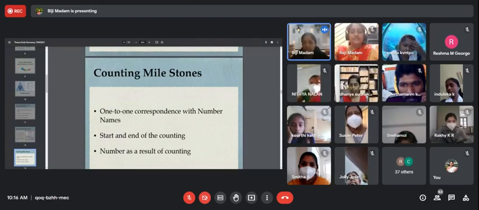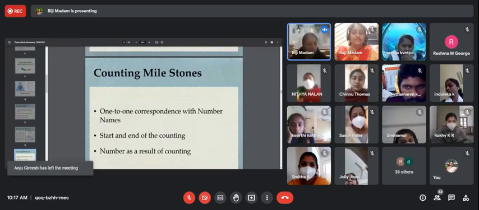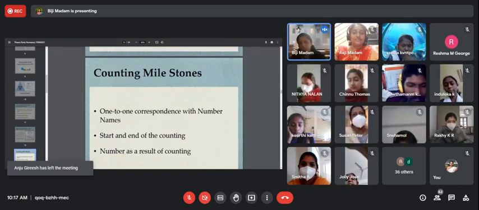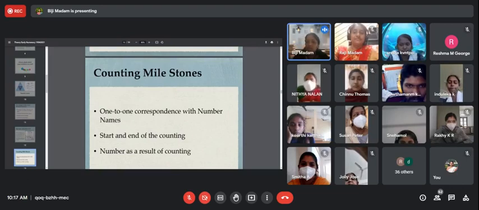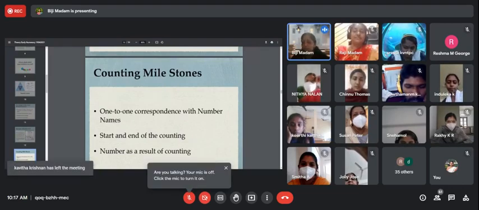So here the main things we have to keep in mind are one-to-one correspondence with number names. When the child counts, the child should touch the objects and count one by one. We have seen small kids, when asked to count a set of balls or pebbles, touch each of them and count.